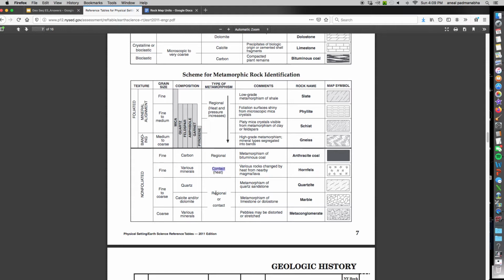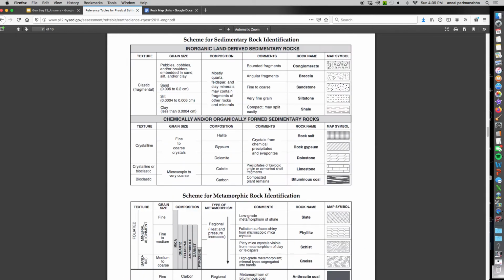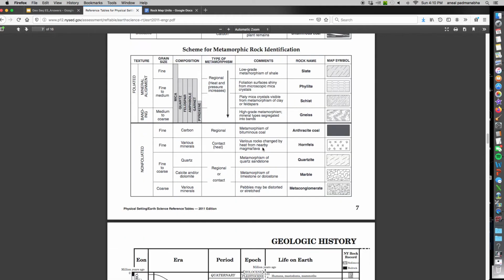So, for example, if you take any of the rocks we're talking about here, if you take quartz sandstone, and remember sandstone we can find up here, and if we add not heat or pressure in this one, but actually contact, which is the interface where the intrusion is baking the rock that it touches, it becomes quartzite.